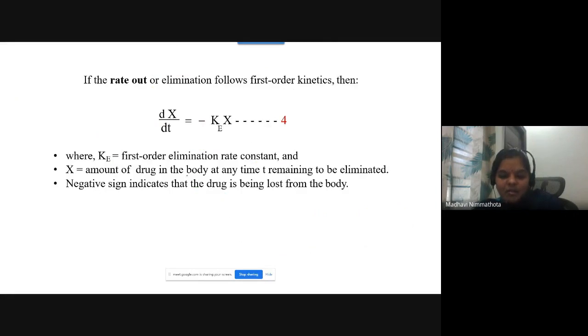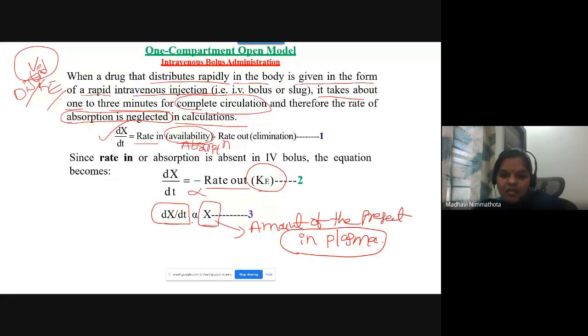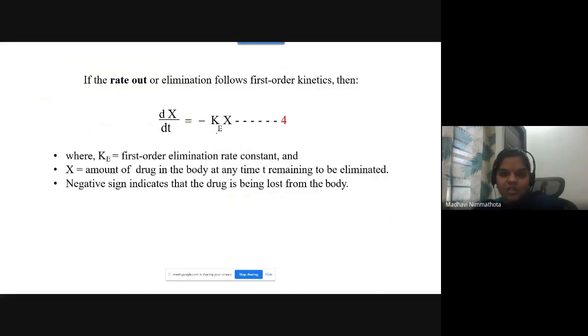After equation number 3, everyone knows that when you remove this proportionality symbol, you will get some constant. That constant is the elimination rate constant. If the rate out or elimination follows first order kinetics, then the equation becomes dx by dt is equal to minus Ke into x.